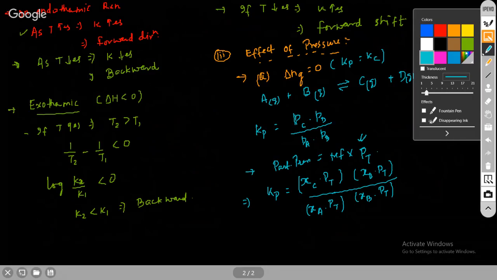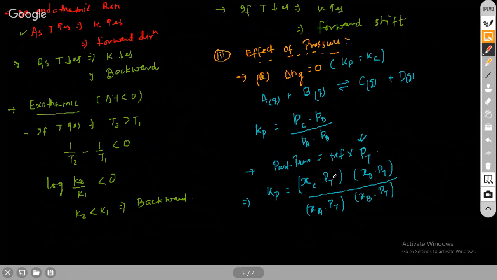Okay, so you see here, all these total pressure terms will get cancelled in the numerator and denominator. And that's why the expression for this will be xc into xd divided by xa into xb.